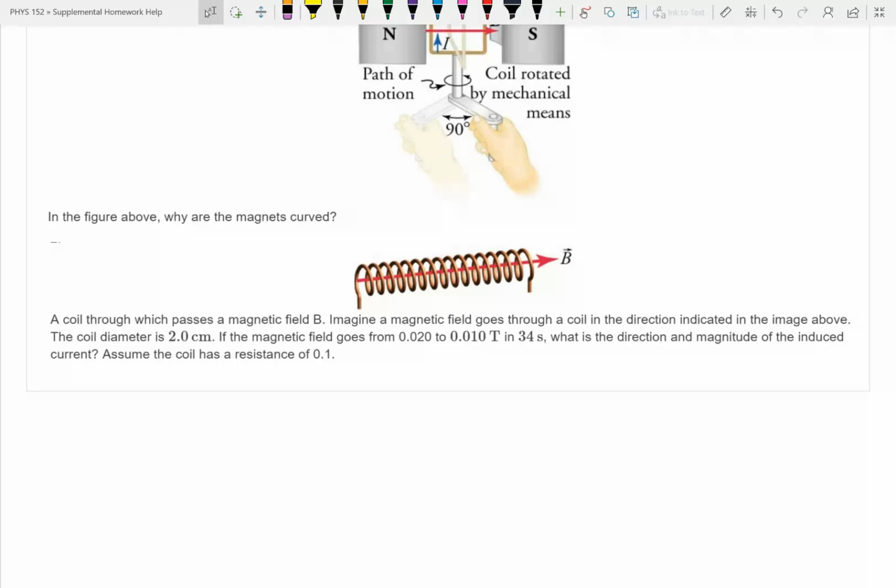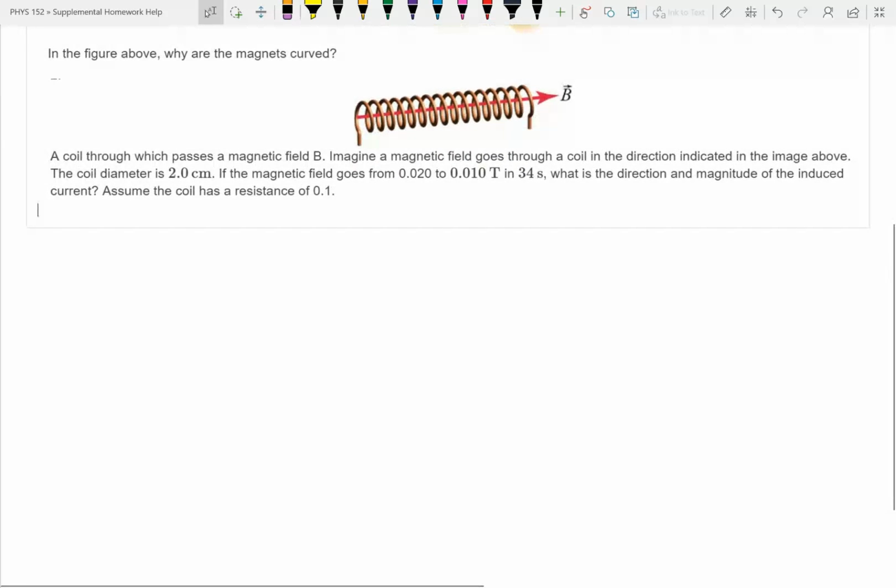Okay, so it says induced current. So what deals with induced currents? Induced currents, chapter 23.